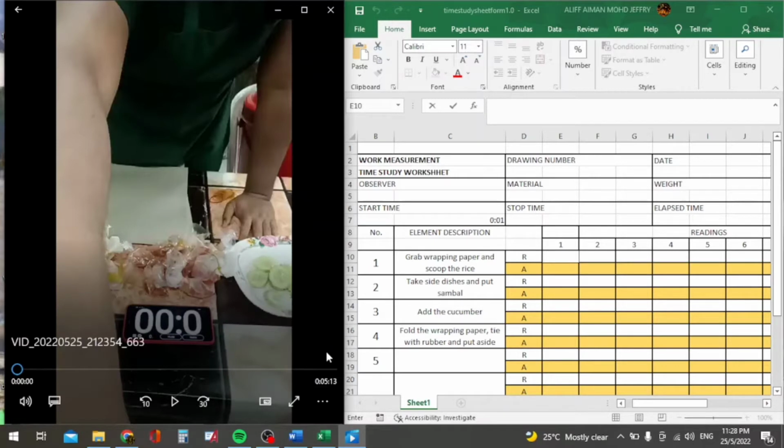So as the first round, how to read the time at the stopwatch in the video. The answer is as the person touches the object, we take the reading time for the first element. Okay, I will show you the video.